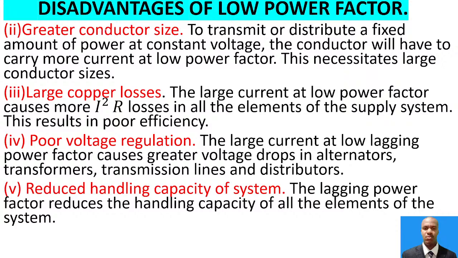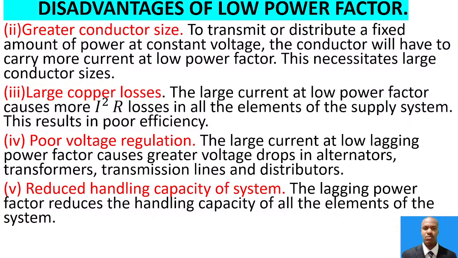So maybe in a quick way we can remind ourselves of the advantages of an improved power factor. One, the active capacity of the prime mover is better utilized. Number two, the apparent capacity of alternators, transformers, and transmission lines is increased. Number three, there is reduction in transmission line losses because you are transmitting at a very small current.